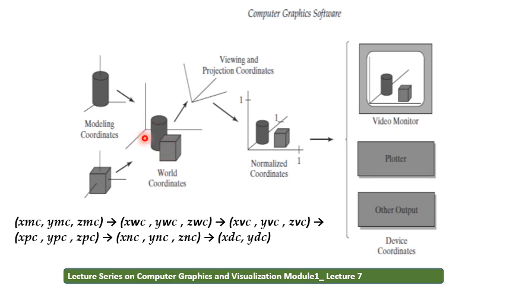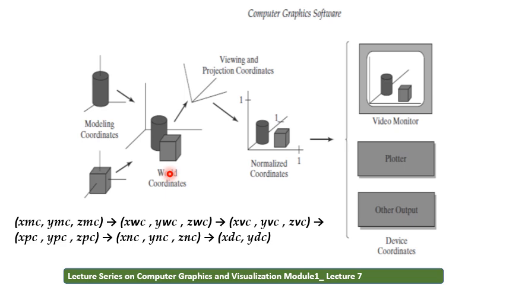Then these shapes are positioned within the world coordinates. These are the modeling coordinates, say for example x, y and z axes, and the same for this object also. These two modeling coordinate objects in the scene will now be converted into world coordinates, where the object shapes can be individually defined in the world coordinate scene.